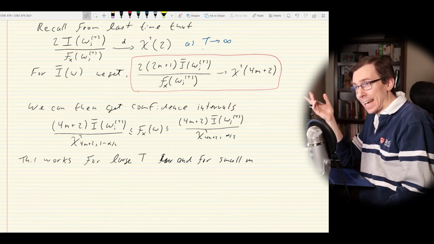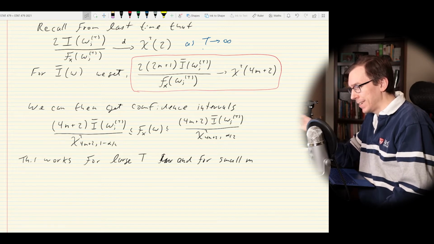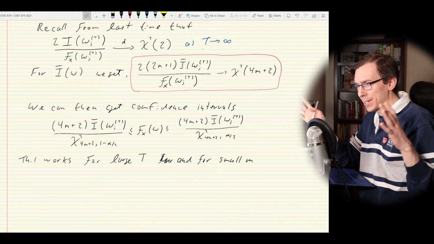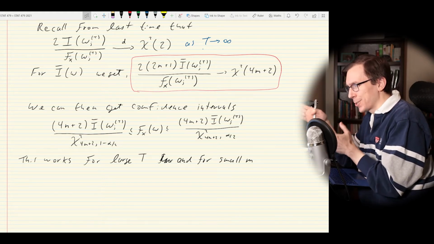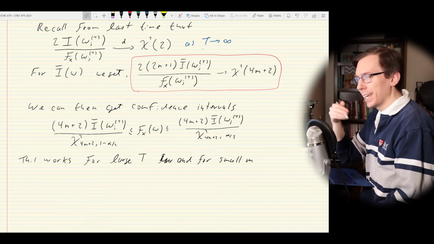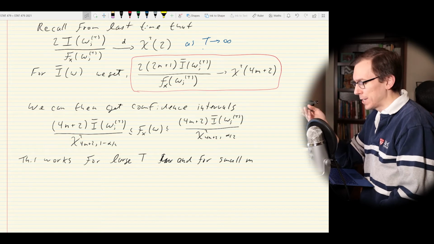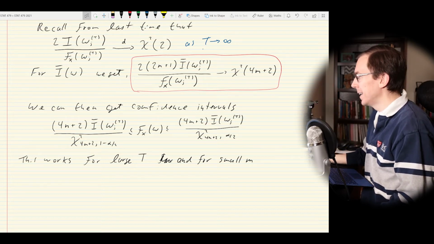It's kind of neat, though, because in Bartlett's method, we have fewer frequencies that we're able to estimate the periodogram at. And similarly here, we're taking a bunch of frequencies and averaging them together. So again, we have fewer frequencies in total for our periodogram. There are a lot of similarities in these ideas, even though one is more time domain and one is more frequency domain in its approach.